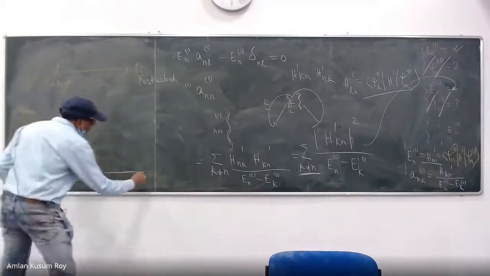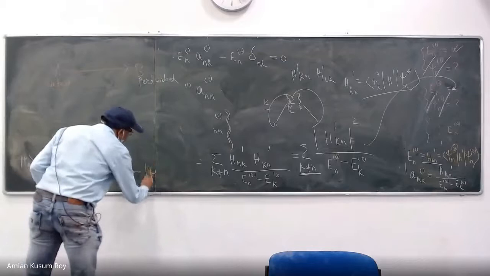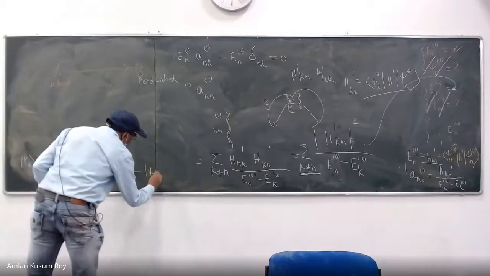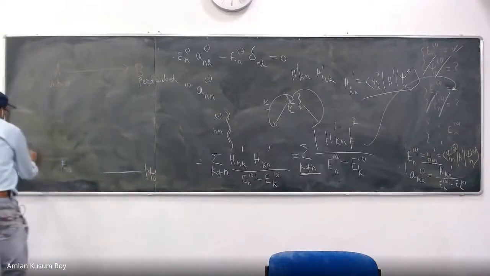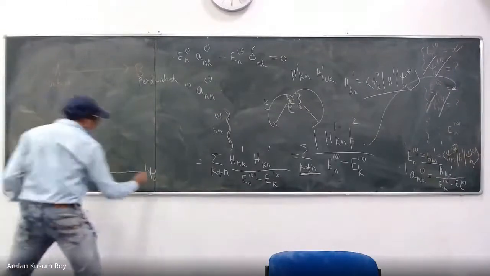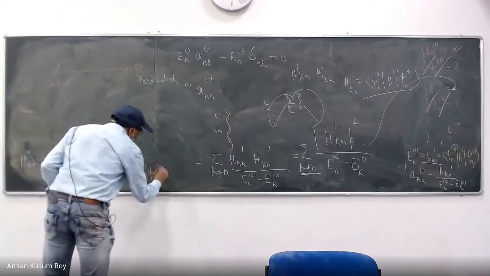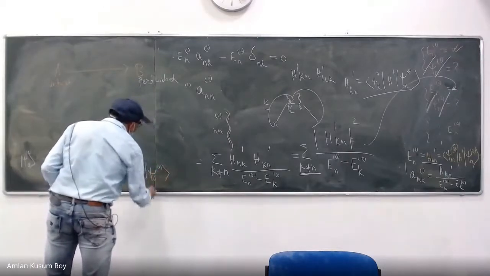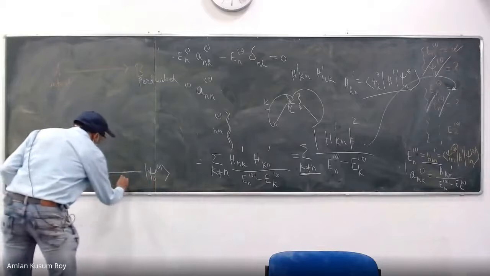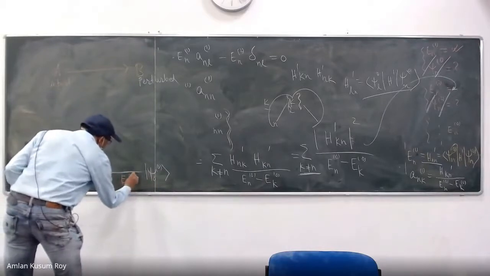And this is your psi_00. I am trying to give both the state and order index. That is why so many zeros are coming. And this guy is actually E_00.